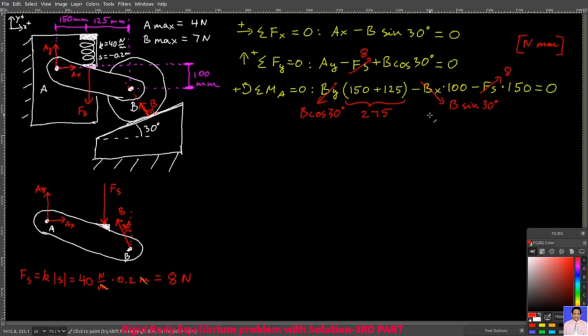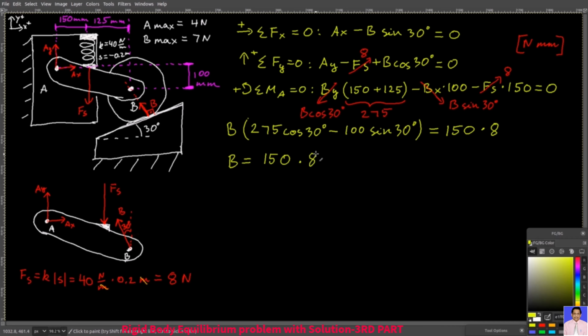And so from the third equation, I have B times all this equals 150 times 8. And so B equals 150 times 8 divided by all this, and it's approximately 6.378 newtons.